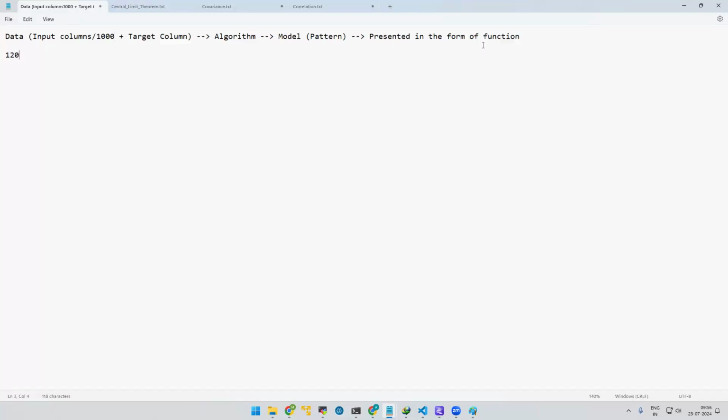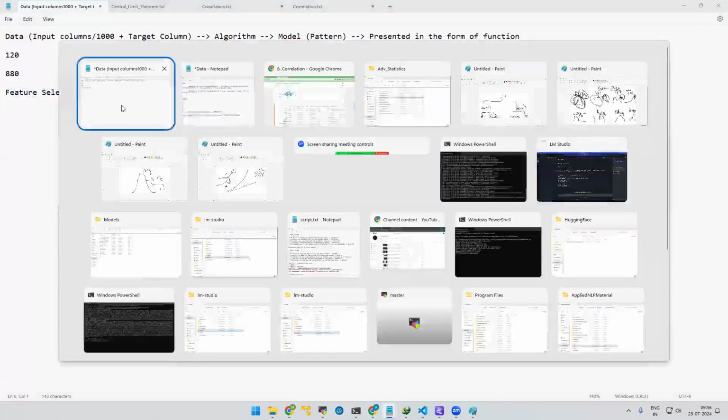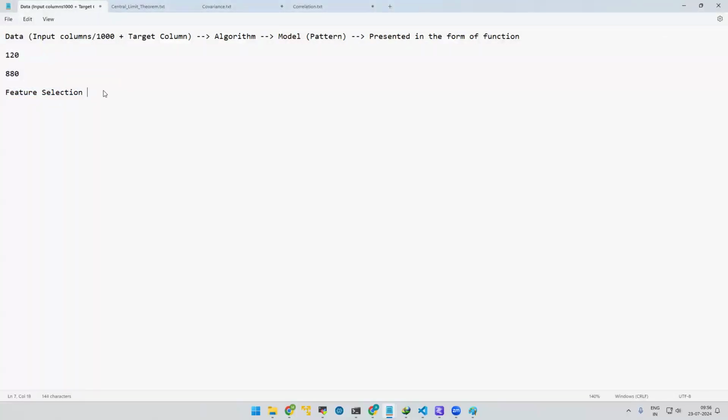Then we can get rid of those, right? Then we can manage with the 880, and 880 is much better than 1,000. We will discuss that in feature selection. There will be a session on feature selection itself, part of ML internals.